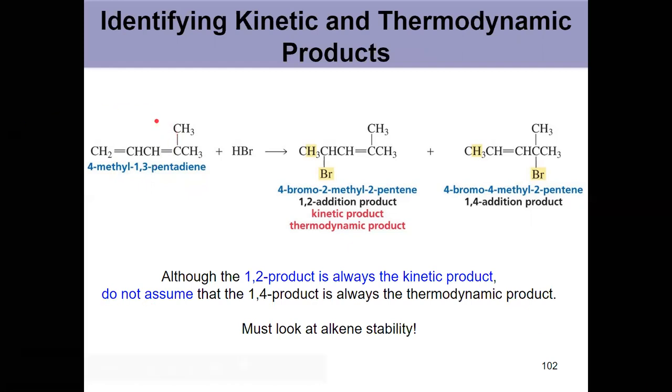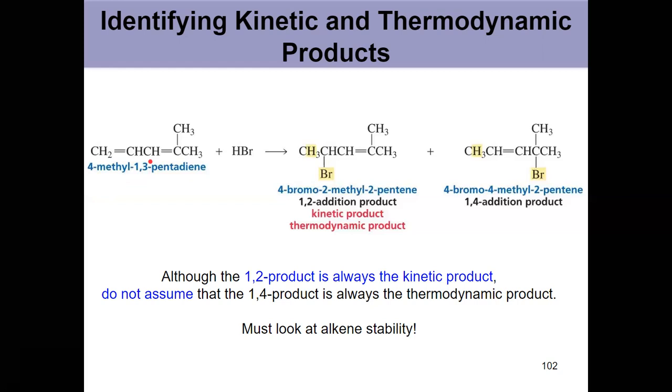So let's think to ourselves, okay, I've got something that's not symmetrical in this case. So what am I going to make? Which pi bond am I going to target? Well, you shouldn't assume.